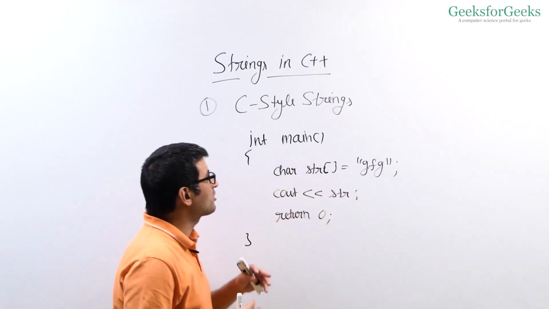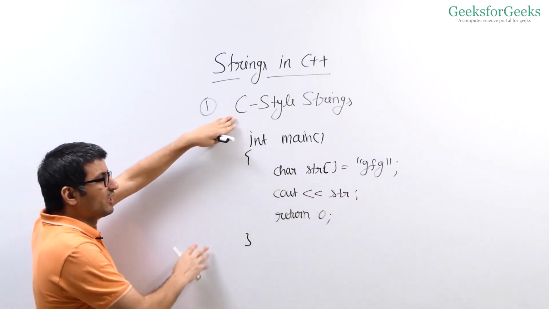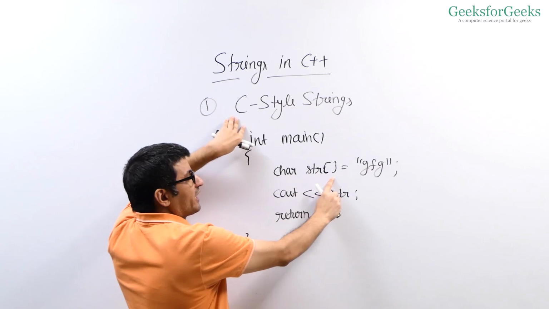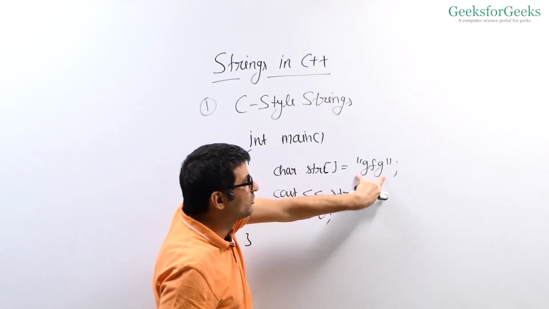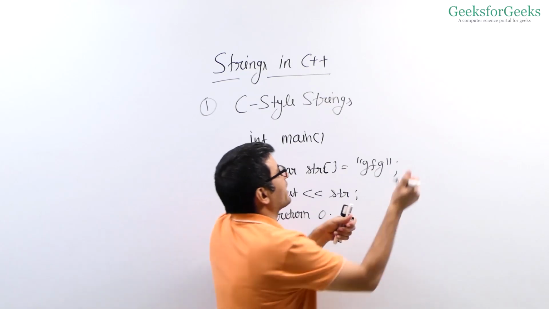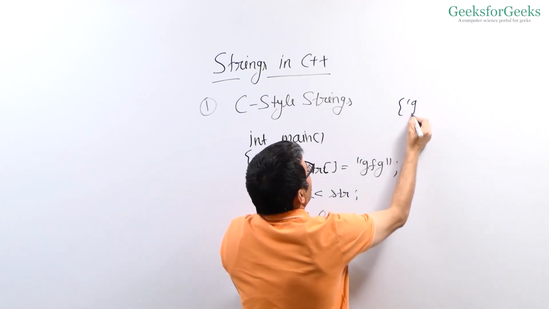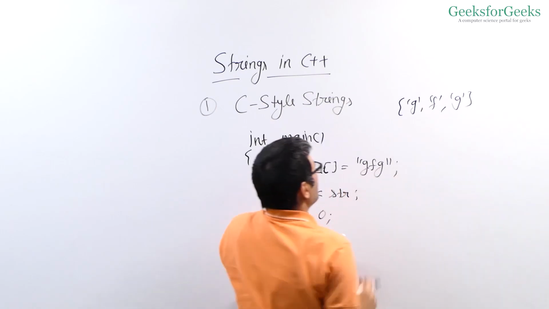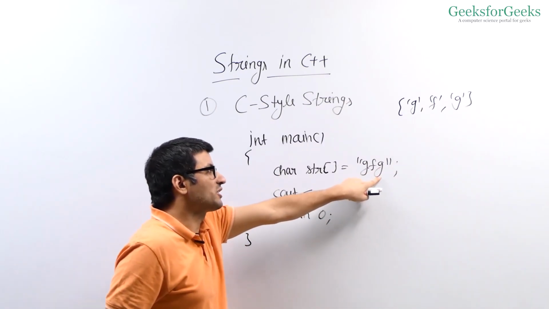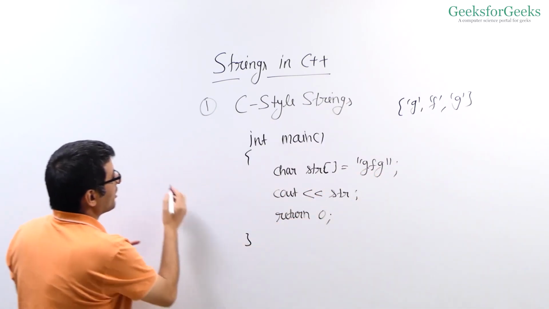So let's talk about the C style strings first. We create an array of characters. If you notice this declaration, you will see there is a difference. Generally we create arrays like this, right? This is what we expect. Here I have used a double quote around a string. What happens when you use a double quote?